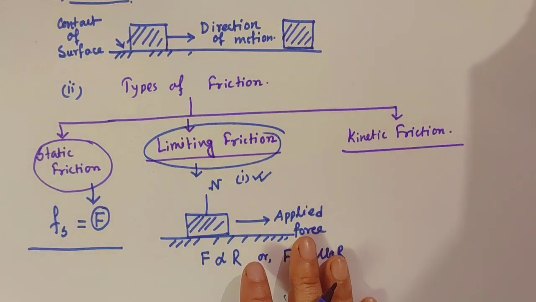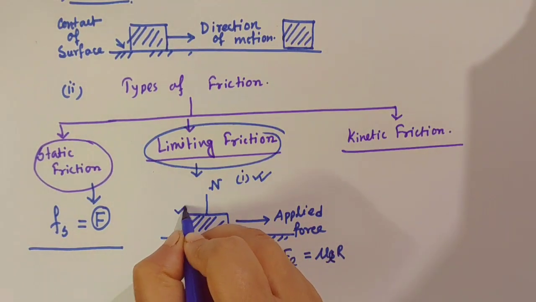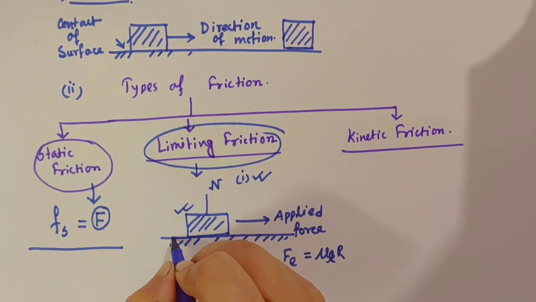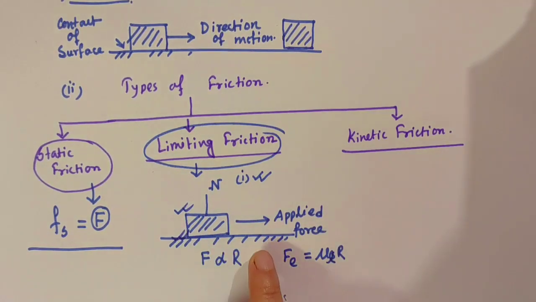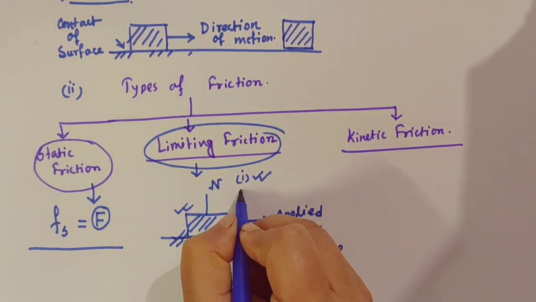So, between the two surfaces, the limiting frictional value depends. So this is law number 1.